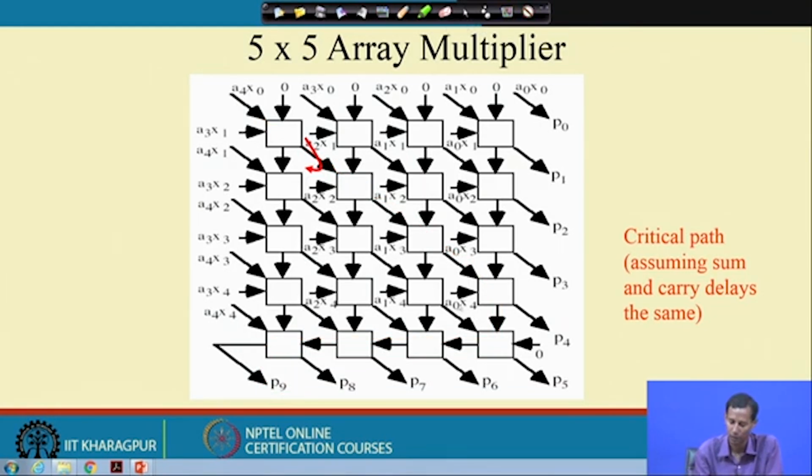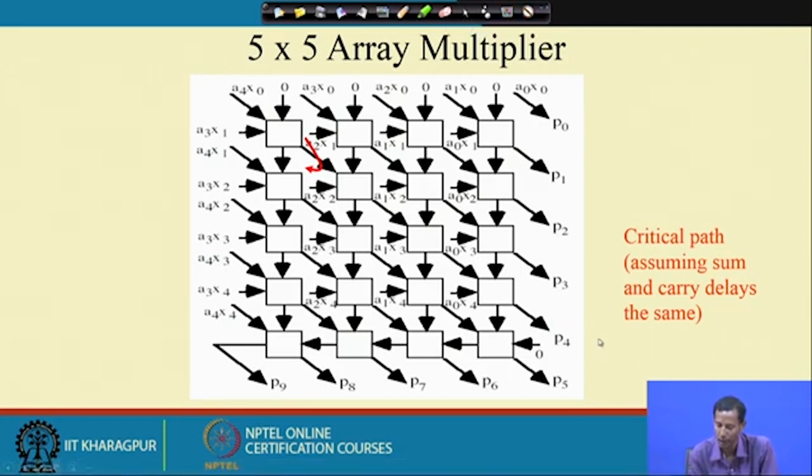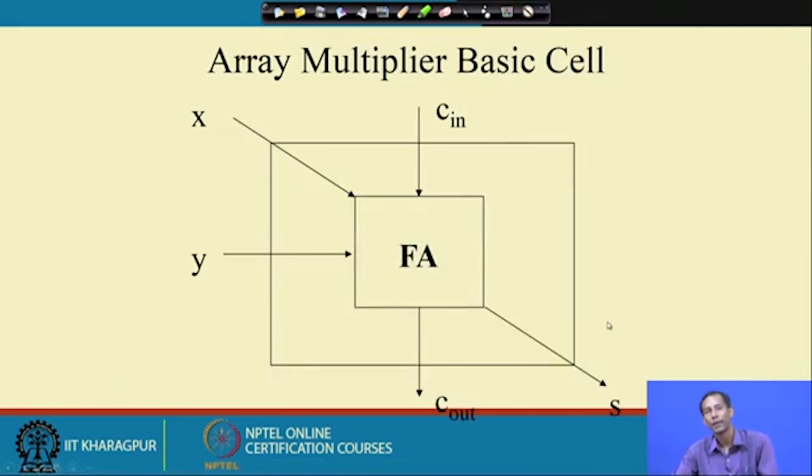So, that is why this array multiplier architecture gives you better implementation aspects, but for the other constraint it will not be that much advantageous. Okay.